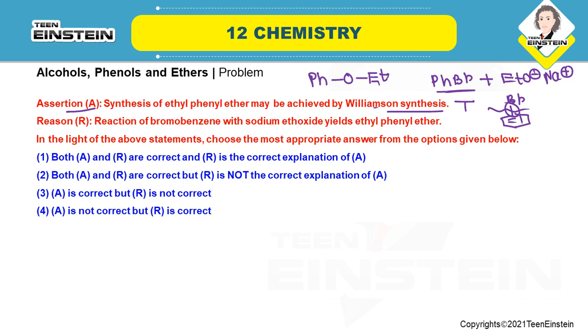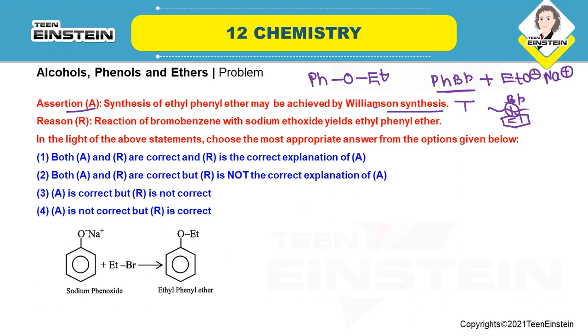So here the statement in the assertion is fine, because we can make this by Williamson synthesis. But the combination that is given in the reason, that statement is actually not correct. So which combination should we take? We should take sodium phenoxide, not sodium ethoxide. And for the Et part, that is one side you have Et, so you have to take ethyl bromide.